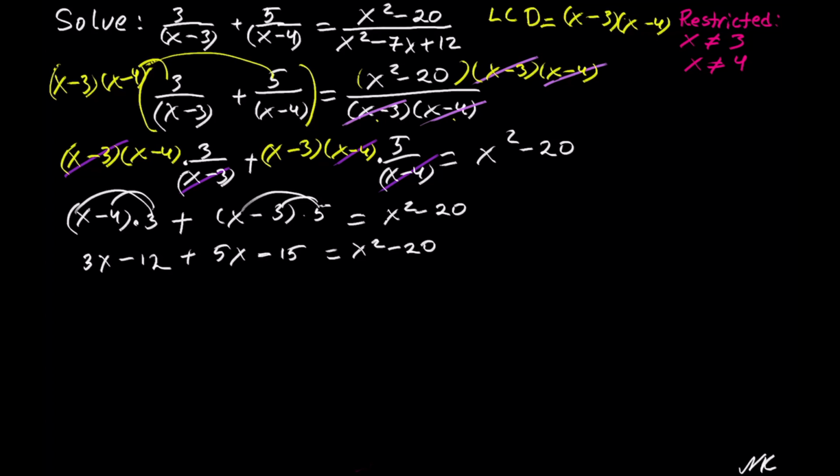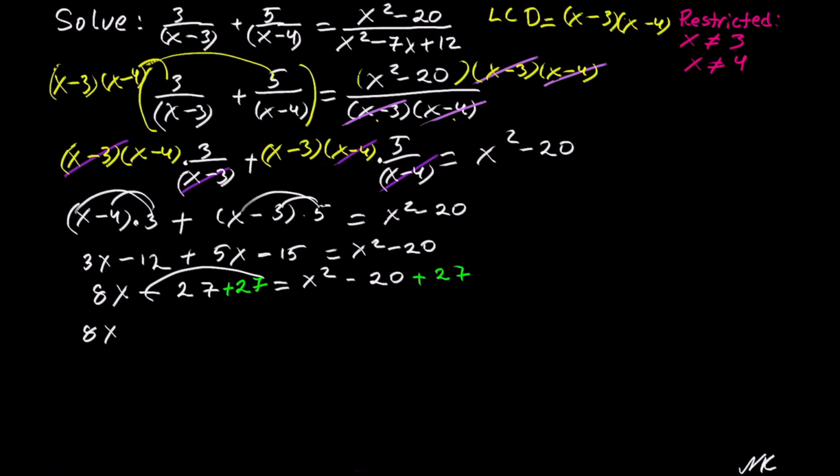Let's combine like terms. We have 3x plus 5x, this gives us 8x. Negative 12 minus 15, same sign, so we add: negative 27, and this is equal to x squared minus 20. Let's begin solving this, and I'm going to bring everything to the right because x squared is positive there. I begin by adding 27 to both sides, and we get 8x.